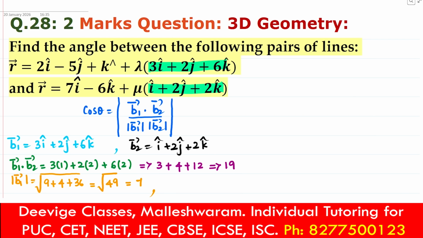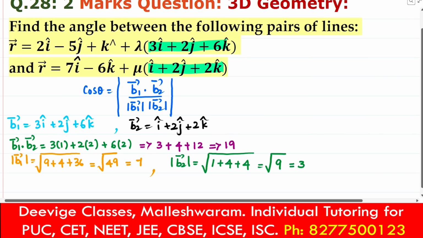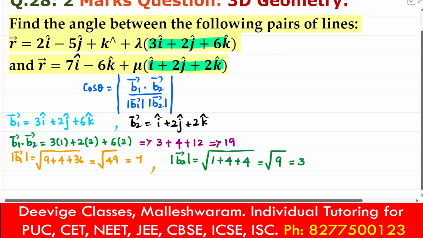Next, the magnitude of b2 is equal to square root of 1 square is 1 plus 2 square is 4 plus 2 square is 4. 4 plus 4 plus 1 is root 9. Square root of 9 is 3. Now we have to substitute the values of b1 dot b2 and magnitude of b1 and magnitude of b2 in the formula.